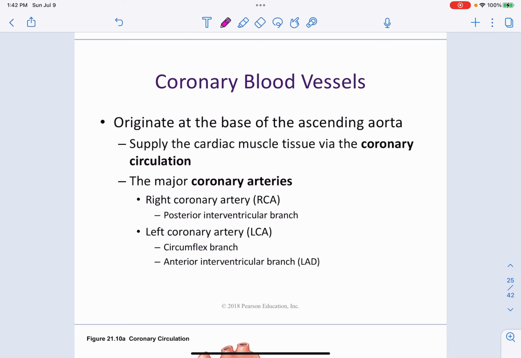So the heart tissue itself needs a blood supply. A common theme that we've talked about is this idea of diffusion. We can use diffusion if we only have cells that are a couple cell layers thick.